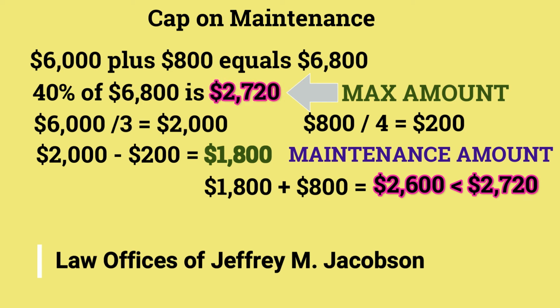And therefore, the amount that needs to be paid is $2,600. If it turns out that the amount of maintenance plus the net income of the payee exceeds the cap, then the cap is the amount of maintenance payment.